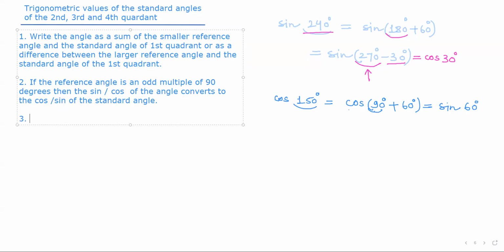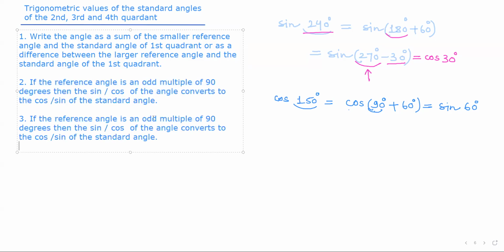Okay, well done. Now comes the next rule. If the reference angle is an even multiple of 90 degrees, then the sine or cos of the angle converts to the sine or cos of the standard angle.